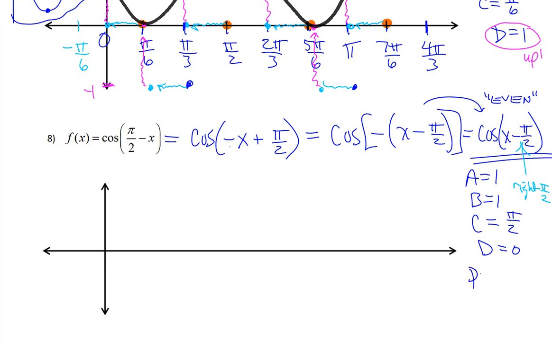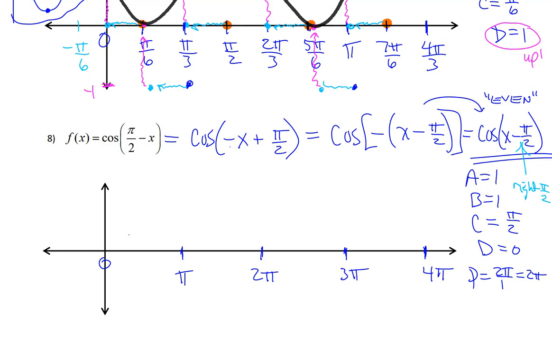So our period is going to be 2 pi over b, which is 1, so just 2 pi. If we want 2 periods, we'll go out to 4 pi and start cutting stuff in half, same old thing. Halfway between 0 and 4 pi is 2 pi, and then cut those in half. Halfway between 0 and 2 pi is pi. Halfway between 2 pi and 4 pi is 3 pi.